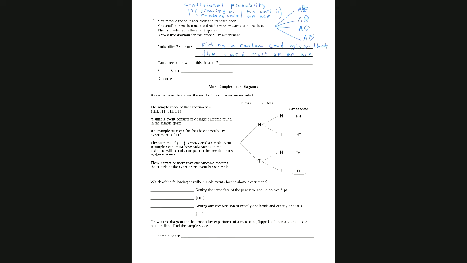So the first part represents the action that you're going to take, but the second part represents the condition that was set, that it must be an ace. And we'll see that again in the future.